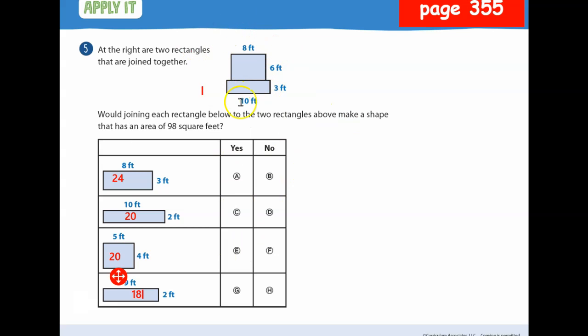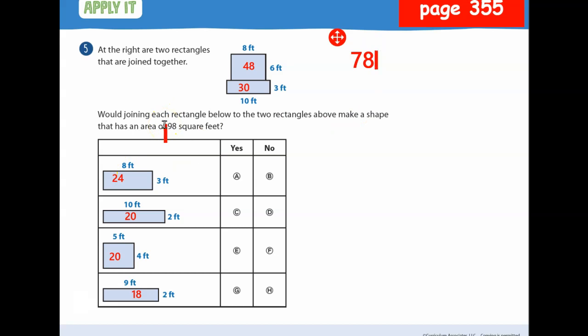So if I find the area of this whole thing right here, the area for the bottom one is how much? 30. And the area for this one? 48. So the total area for this is how much? 78. Good. So the question is, if I add this to 78, am I going to get 98?